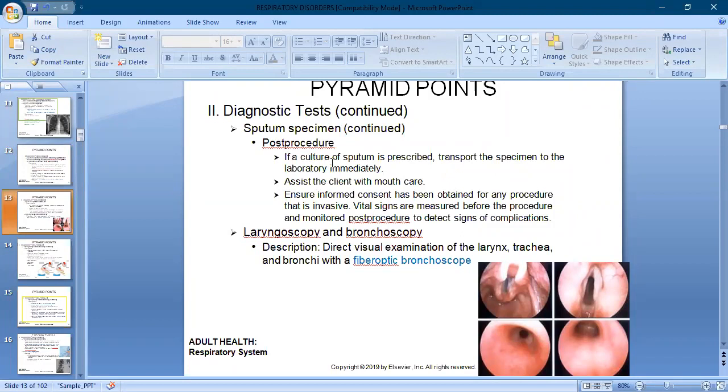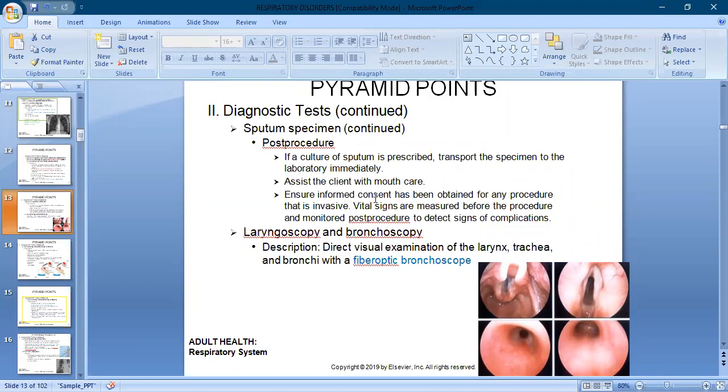If the culture of sputum is prescribed, transport the specimen to the laboratory as early as possible, immediately. And definitely we have to educate the patient about mouth care.